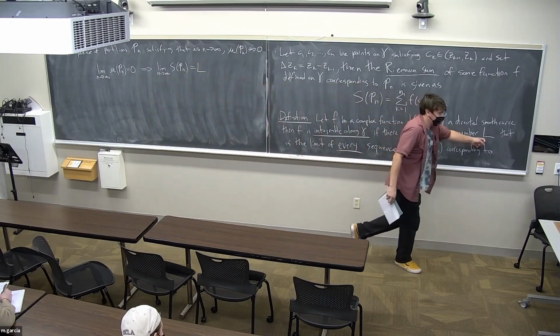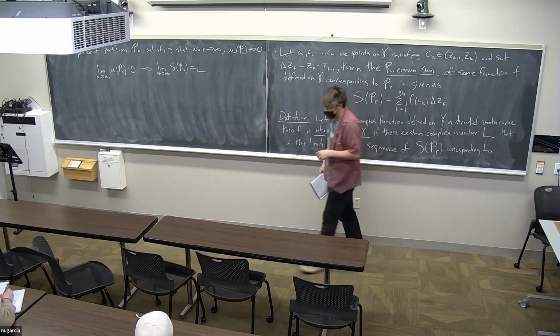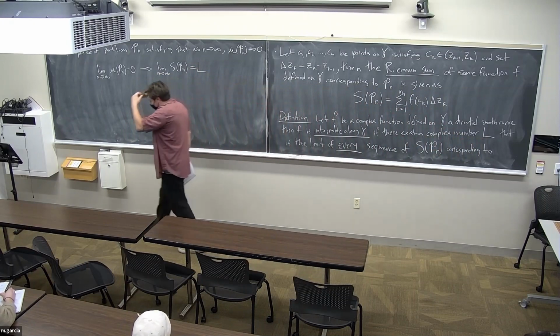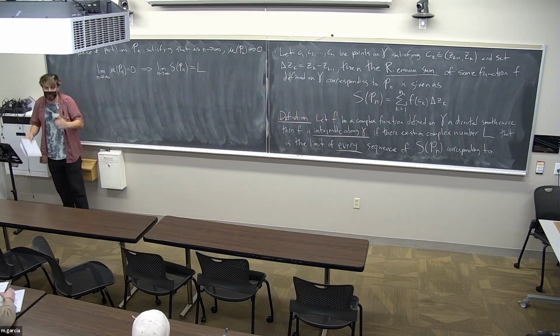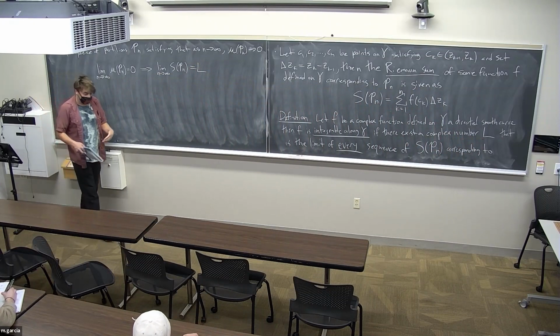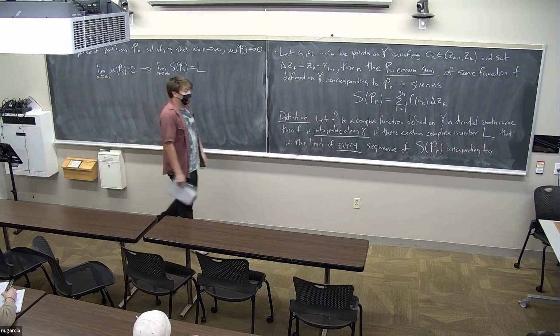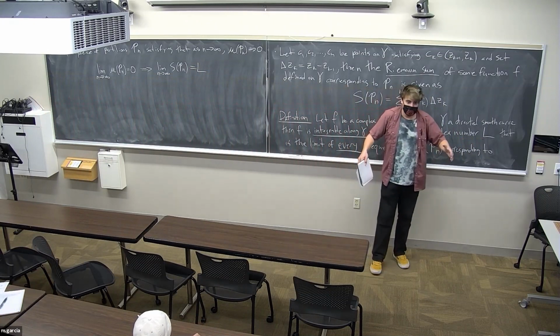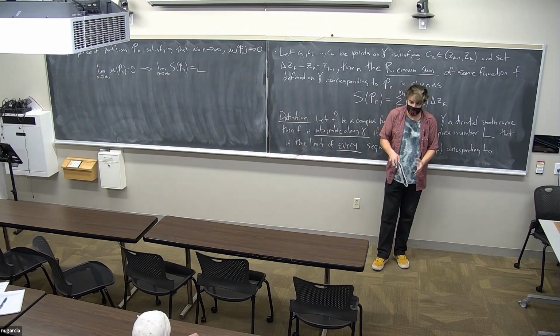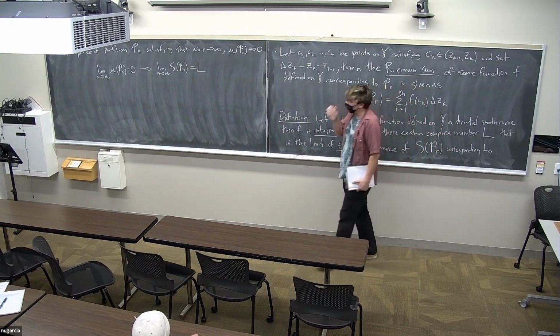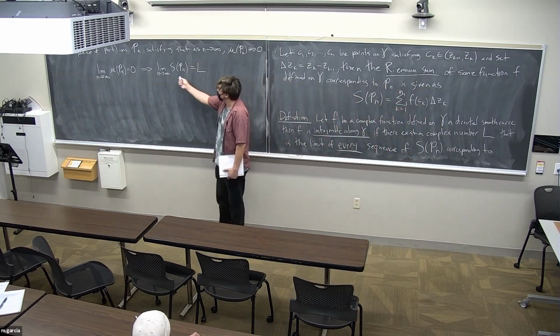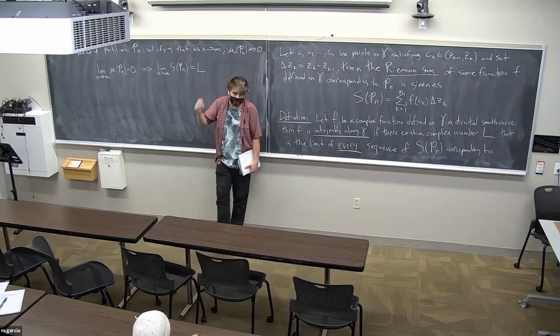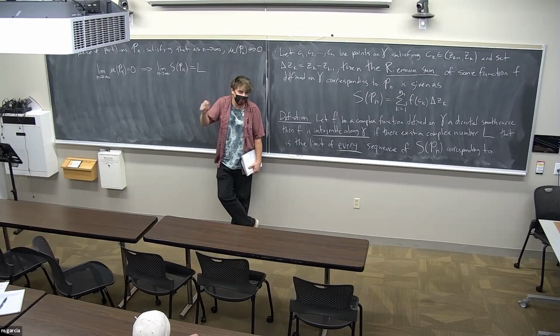This is quite a powerful statement, right? It's saying that no matter how I chop up my curve gamma, if I construct a sequence of partitions where the mesh gets smaller and smaller, my function is integrable if this related sequence of Riemann sums converges to the same limit for each such sequence of partitions. Okay, so this is actually saying a lot.